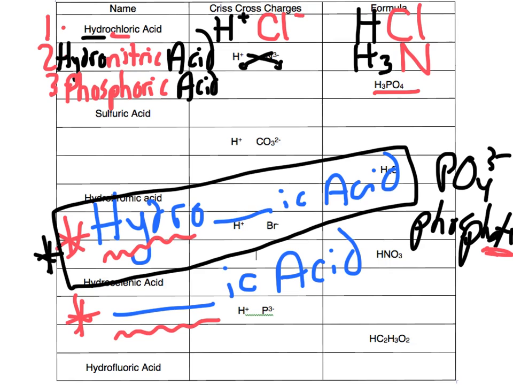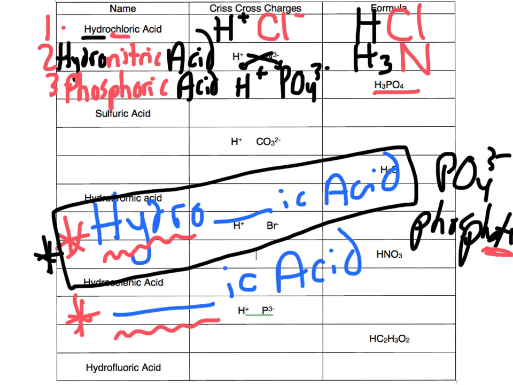That's the way I would write that down. Okay? And so crisscrossing that, how did I get from H3PO4 to what I needed to get? Well, H+, that's where the non-existent subscript after the PO4 came from. But PO4 has a 3-. That's where the 3 in H3PO4 came from.